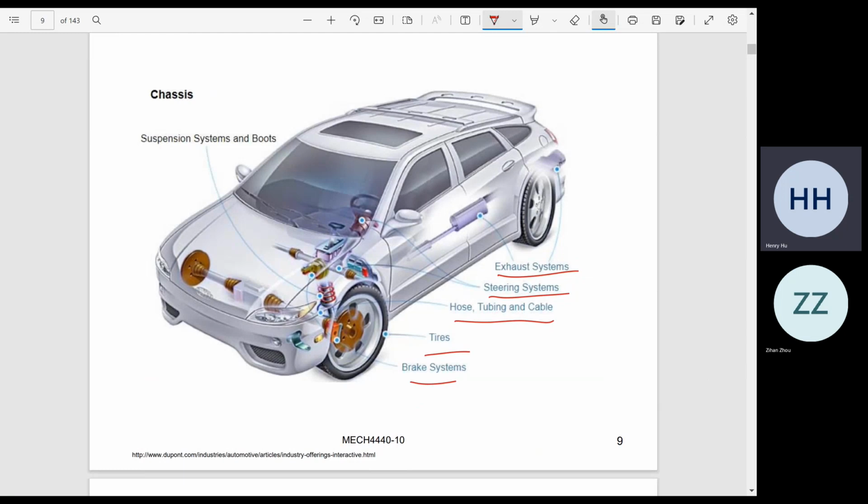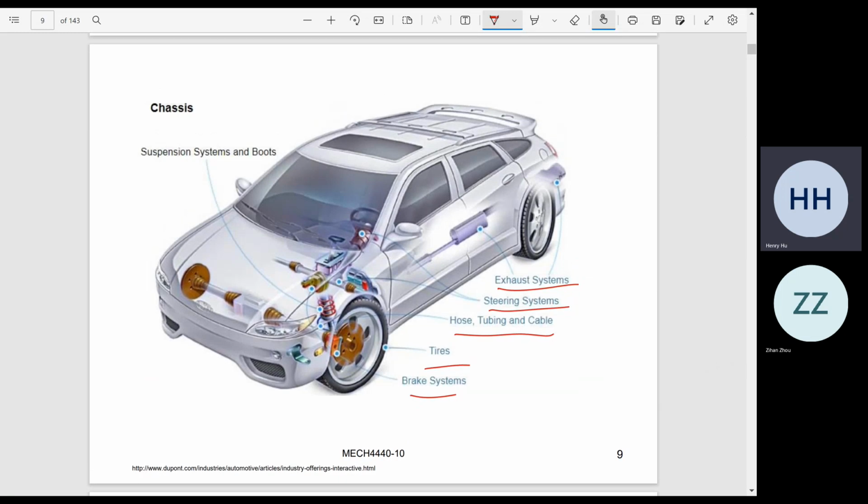And so for the chassis, okay, the suspension systems, they can be applied for the tire, okay, and even some brake systems and hoses, tubing, cable, or those kind of things. Definitely, they are made by polymers.